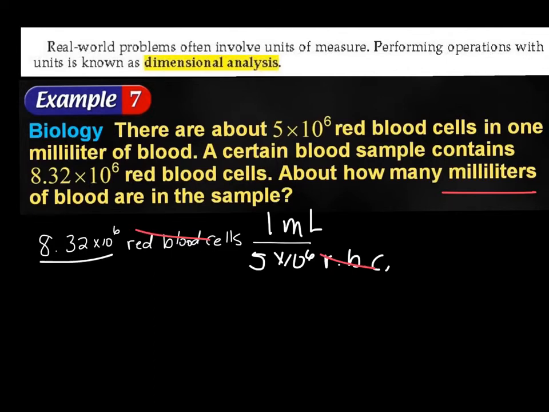So denominator means divide. So I'm going to take 8.32 times 10 to the 6. Oh, my 10 to the 6 will cancel out when I divide by 5 times 10 to the 6. So all I really need to type in the calculator is 8.32 divided by 5, and I get about 1.66 milliliters.